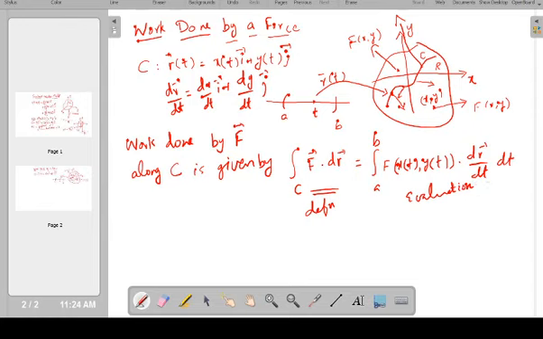But what is dr by dt? Let us look at the unit tangent vector. Vector T. If this is the point r of t, then the unit tangent vector at this point is given by like this.